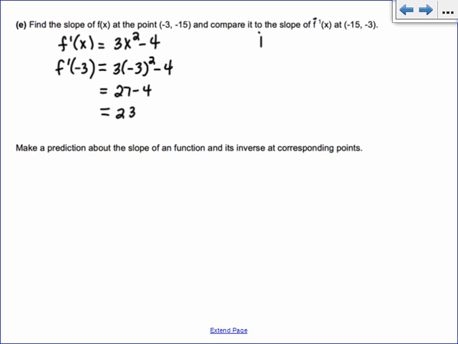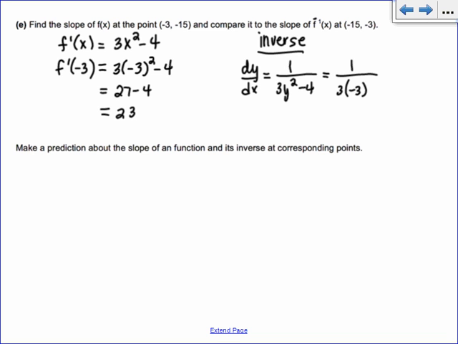Now if I take the inverse, its slope is 1 over 3y squared minus 4. So it's 1 over 3 times negative 3 squared minus 4. Notice how the y that we're plugging in was the x from before. That makes sense, right? So what are we getting? 1 over 23. So it always happens.